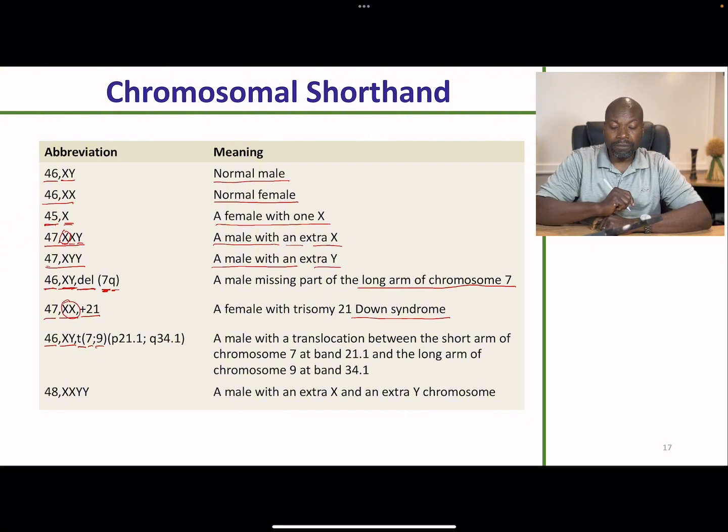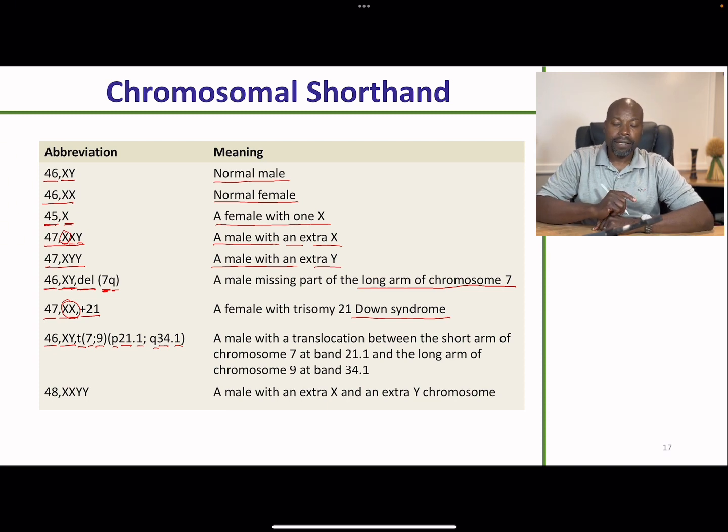Let's be a little more specific. We have P and Q. Now let's focus on P first. We have P 21.1 and Q 34.4. What does this mean?